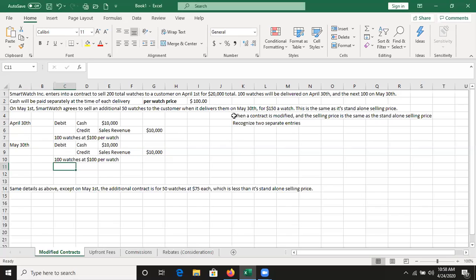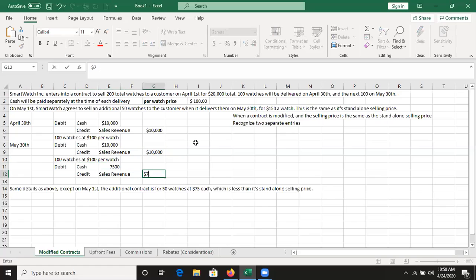But now, when we have that additional on May 30th, that we're going to give them 50 watches for $150 a watch, we now debit cash 50 watches times 150 each. So $7,500, and we're going to credit sales revenue $7,500.